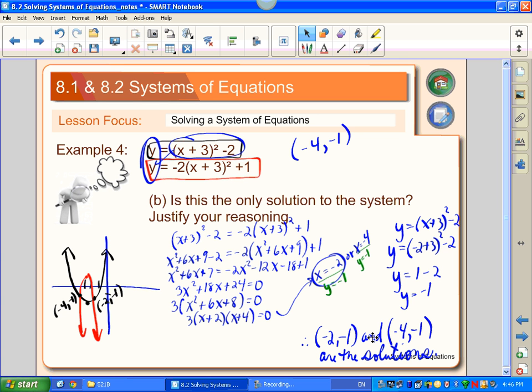It wasn't even a detailed graph. We said, oh, there have to be two solutions, using the information that we know about our axis of symmetry and our vertex. I had one point of intersection, and it's symmetrical, so I could find the other point of intersection at (-2, -1). And then I also said, well, we could also do this algebraically, and it has a lot of math to it, but we can also see that we have those two solutions.